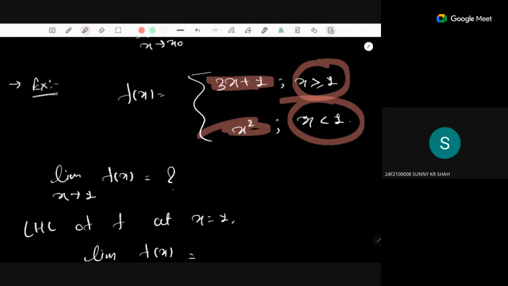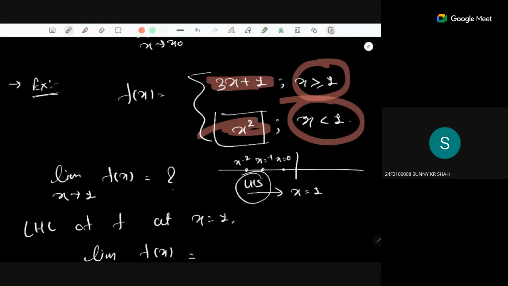So if we approach the point x equals 1 from the left hand side, over the left hand side of the real numbers we have all values less than 1: x equals 0, x equals minus 1, x equals minus 2. So for computing the left hand limit, we need to consider the expression x square.